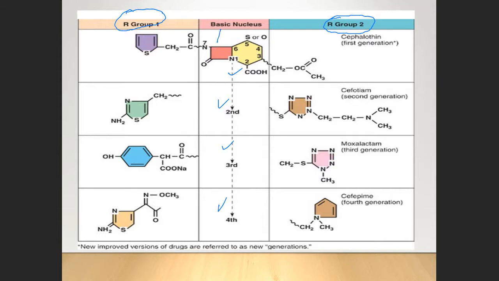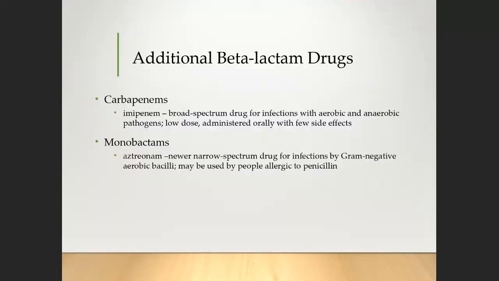So they just modify these radical groups in the lab in order to create a new generation of cephalosporin that is better for curing a wide range of infections, maybe gram-positive and also gram-negative bacterial infection.